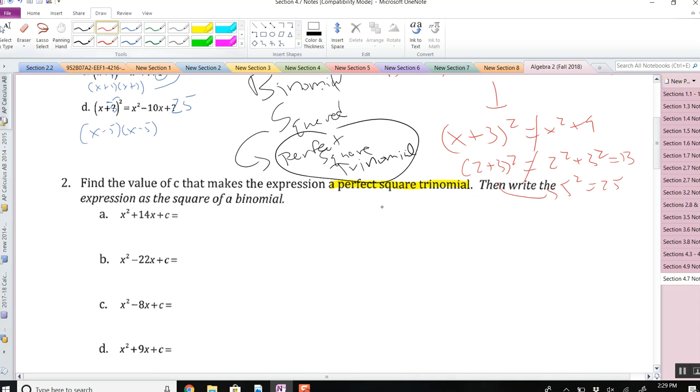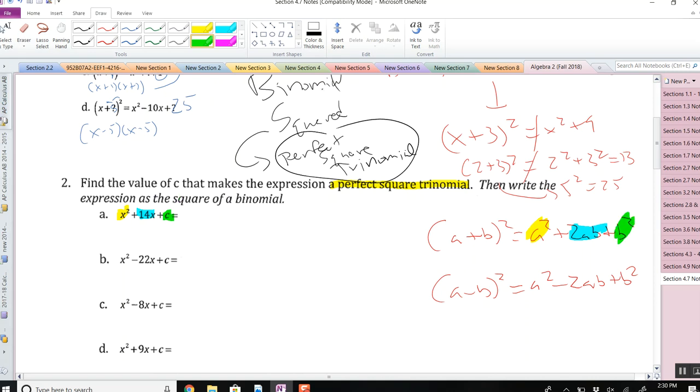Generally speaking, if you have a plus b squared, it's going to look like this. Or if you have a minus b squared, it looks like this. You can think of the x squared like the a squared, the 14x like the 2ab, and the c here like the b squared.